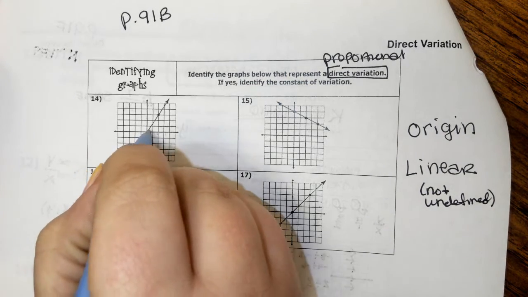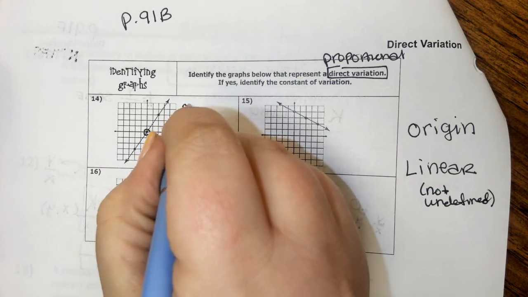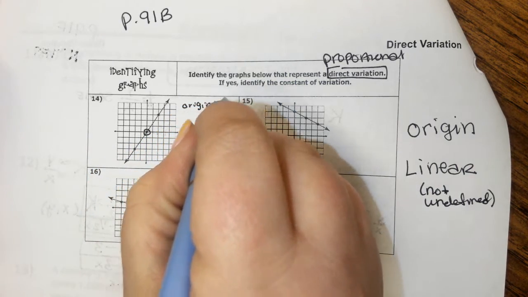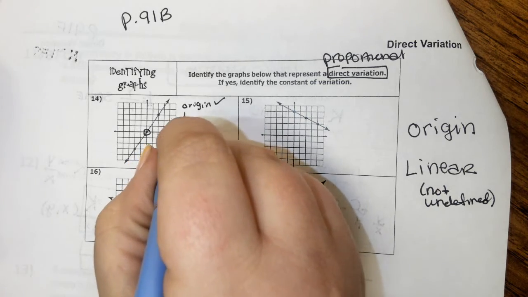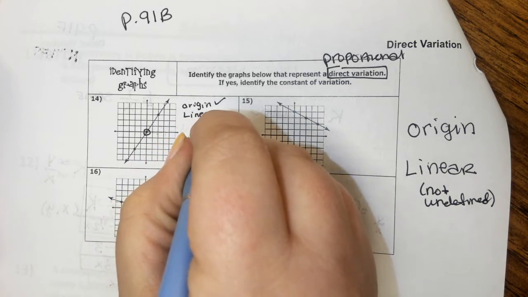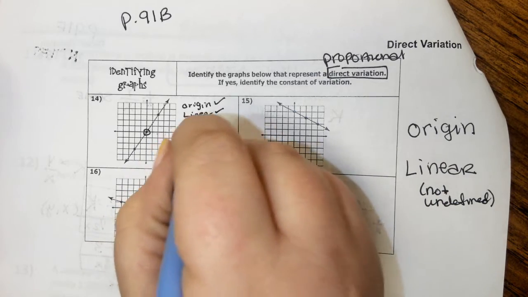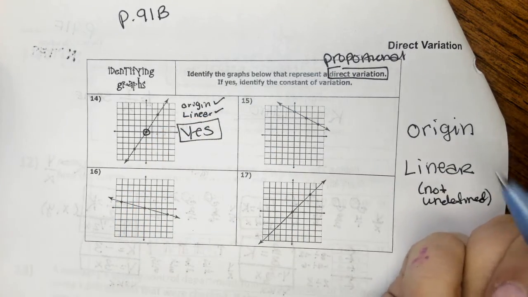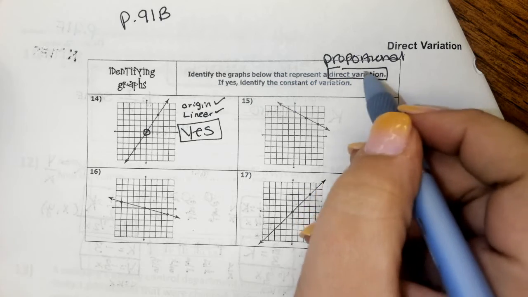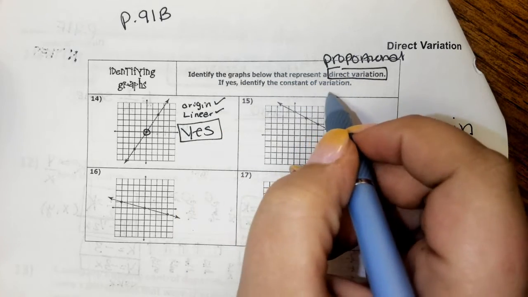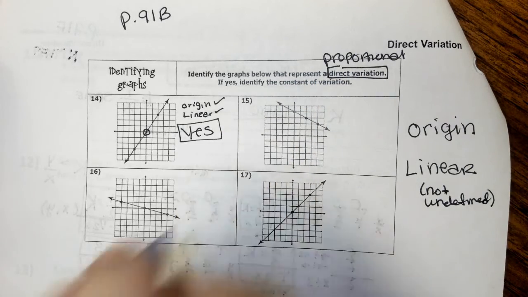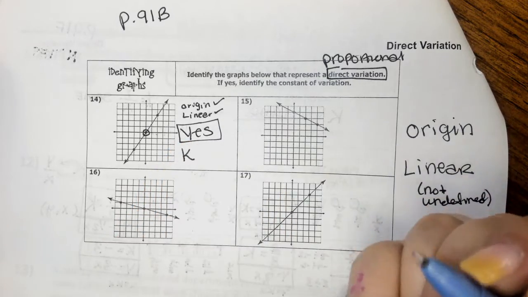Number 14 goes through the origin. Number 14 is linear, which means yes, this is proportional. If it's proportional, or it does show direct variation, then we also need to identify the constant of variation. So I need k.